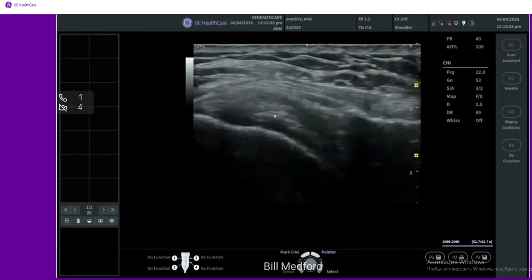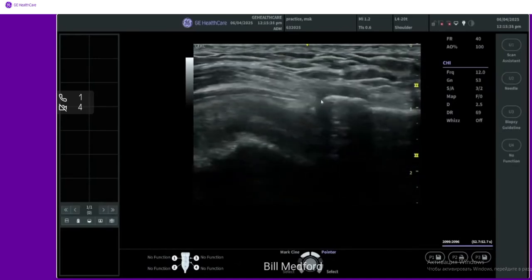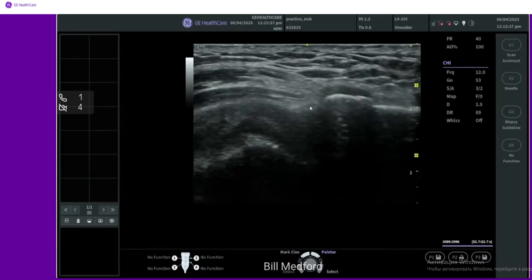We're also looking to see if there's any bulging of tissue as it slides back and forth there.